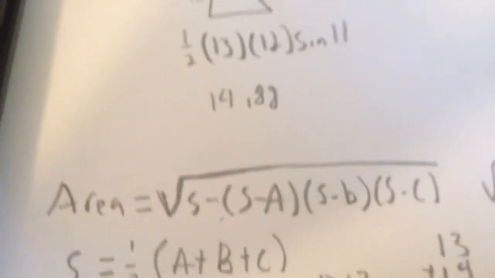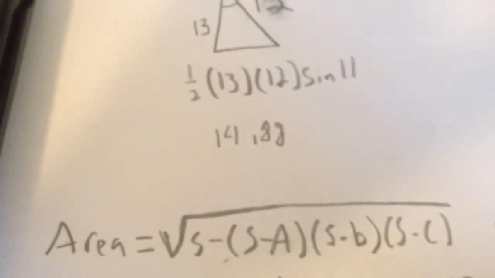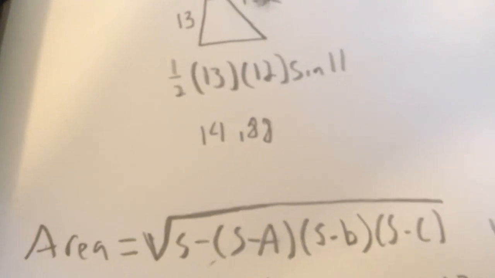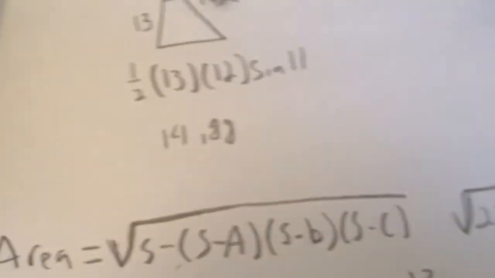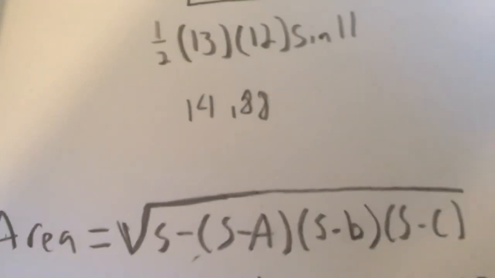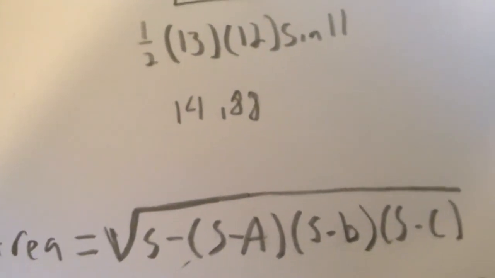So area right here is area equals square root of s times s minus a times s minus b times s minus c. And I'll erase that. I don't want to confuse anyone.